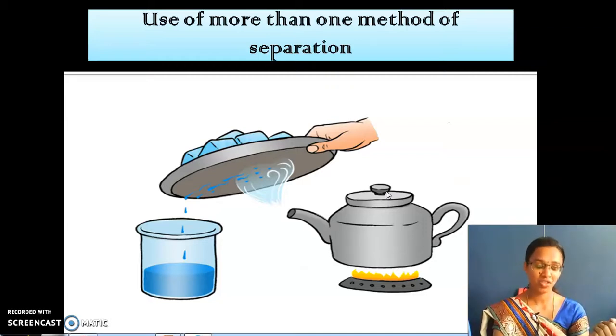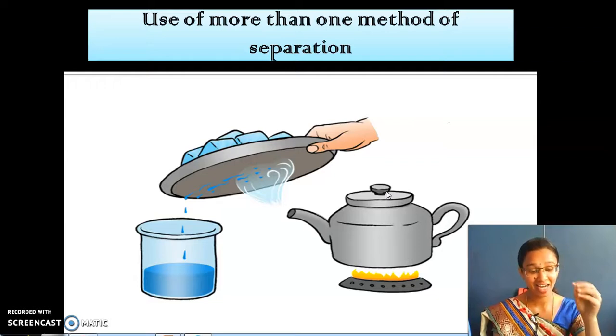If you are having a mixture of large sized stones, that is pebbles, sand, salt and water, how will you separate that? Yes, first the large sized pebbles can be removed by the hand picking method.